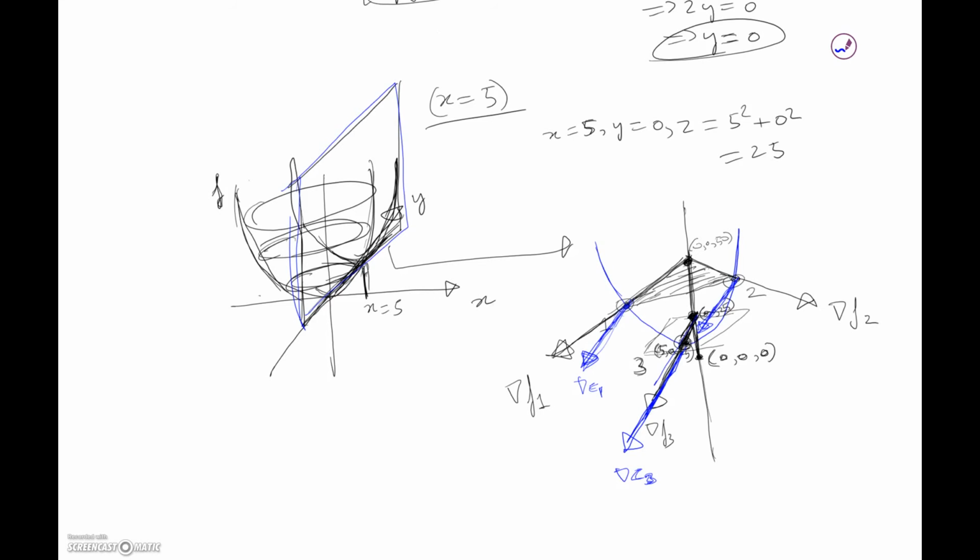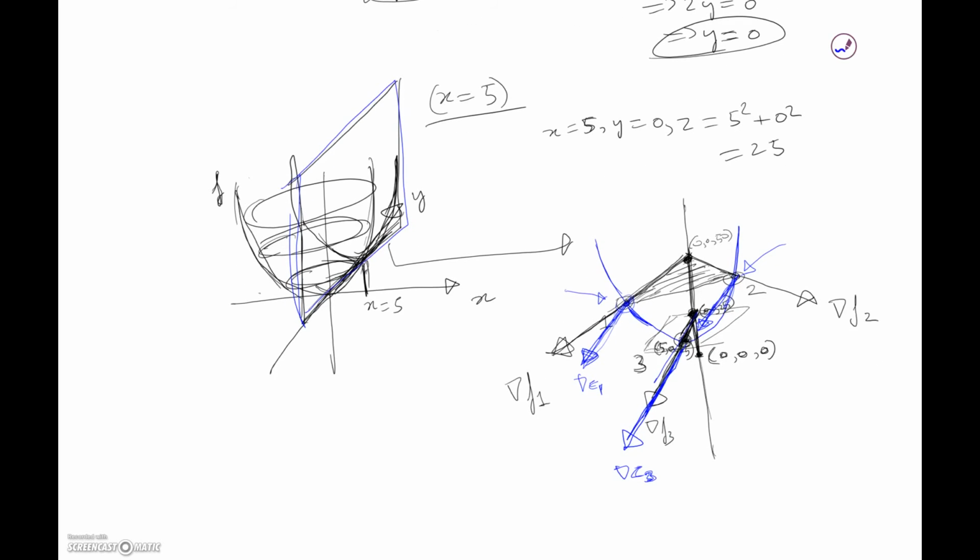Now, what does that mean? If you look at points 1 and 2, what we see is that moving anywhere along this plane means we are moving perpendicular to del c, because this whole plane, the x equal to 5 plane, is perpendicular to del c.